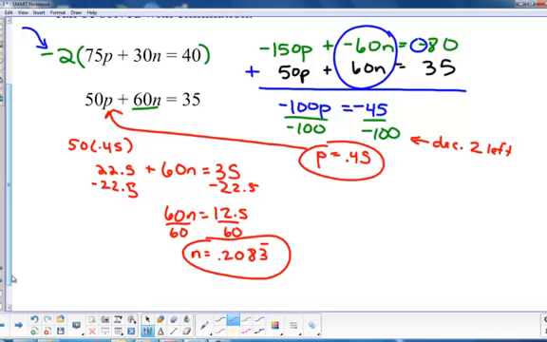Now this is some odd numbers, so I'm going to plug it in and make sure it works. I plugged it in to get the n to this equation, so I'm going to test this top equation, because those numbers are a little bit weird. So I'm going to put 0.45 in for p and 0.2083 repeating in for n.